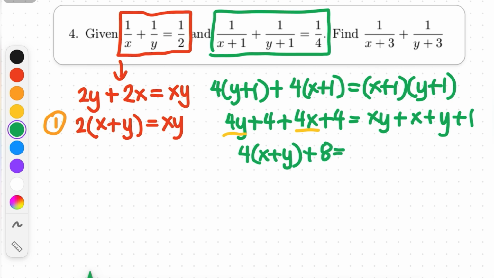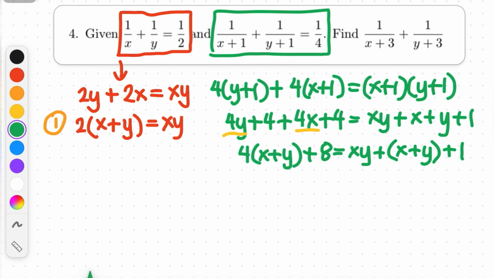On the other side, I'm going to write xy plus, grouping these two terms together, x plus y plus 1. And I hope you're seeing what I'm trying to accomplish here. Remember, we just saw, as a result of our manipulation on the first equation, that xy is equal to 2 times x plus y.